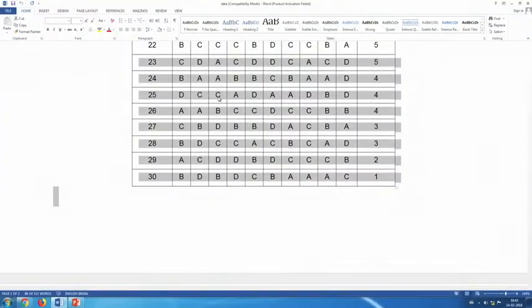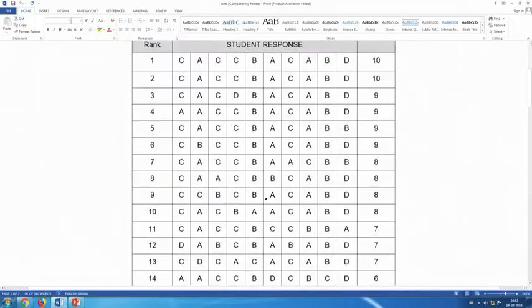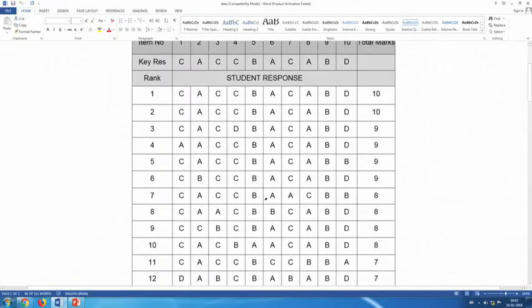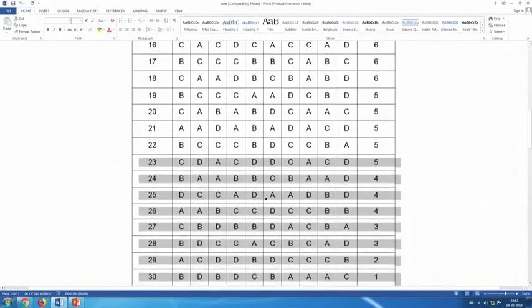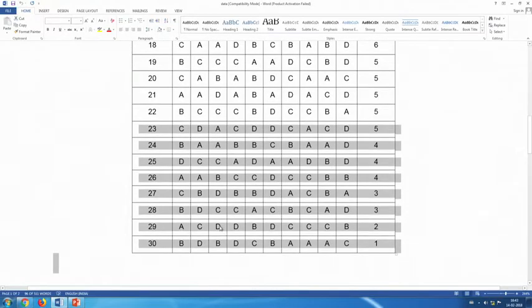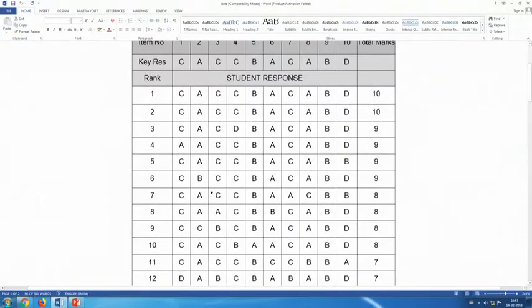Effectiveness of the distractor: if you see item number 3, I have 4 choices A, B, C, D. In the lower group 2 students chose D and in the upper group nobody chose D. So, effectiveness of the distractor is 2 minus 0 divided by 8.